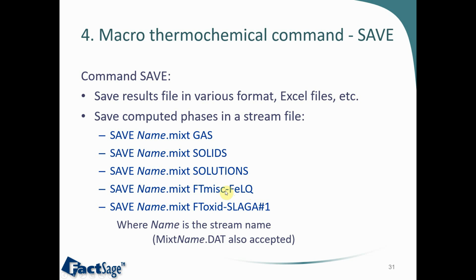This will save the FELQ solution from the FT miscellaneous database inside the mixture file. And in case the solution has the possible phase immiscibility option activated, the I or J option, then the solution nickname must be appended with the pound sign here, followed by the number of the immiscible phase to be saved. Okay?